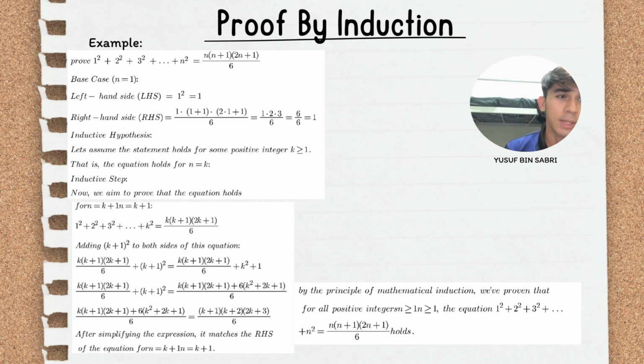Adding (k plus 1) squared to both sides of this equation. Okay, so we go to the equation.